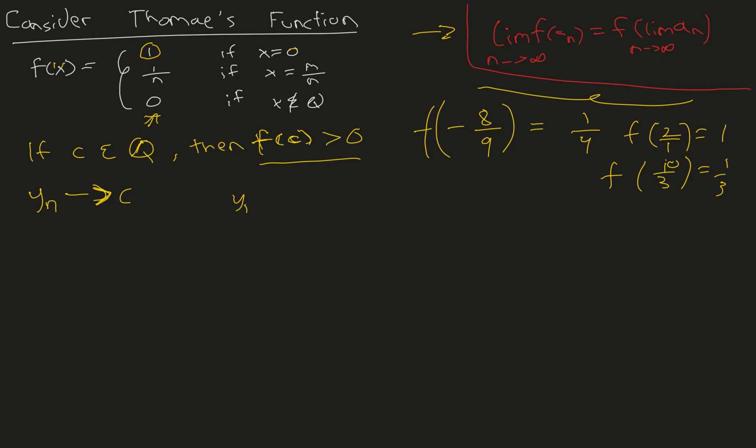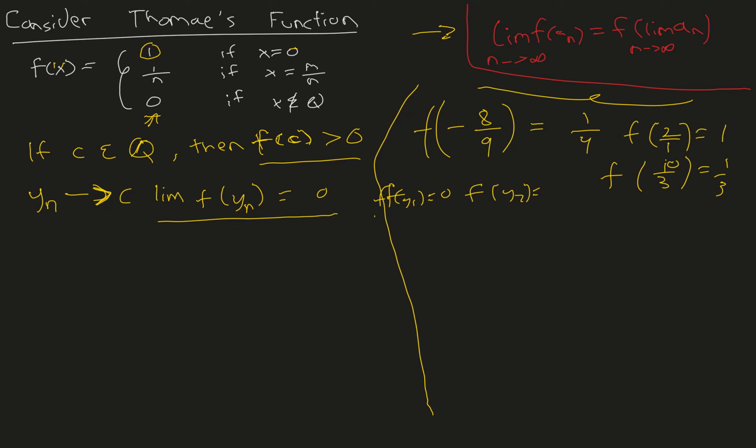So f of yn will always be equal to 0. Let me do my scratch work right here so I don't mess up the proof. f of y1 is equal to 0, f of y2 is equal to 0, f of y3 is equal to 0, and so on and so forth. So we have that the limit of f of yn is equal to 0 as n tends to infinity.